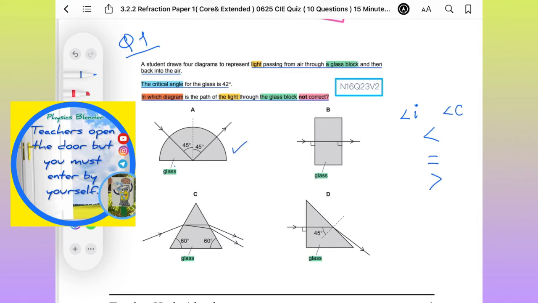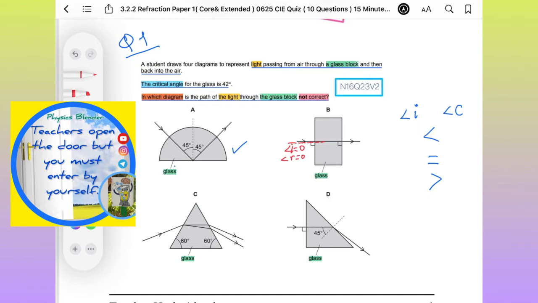Here is also the confusing one: the light ray strikes the block at 90 degrees, which means along the normal. So the angle of incidence is 0 and the angle of refraction is 0, so it will continue in the same direction.